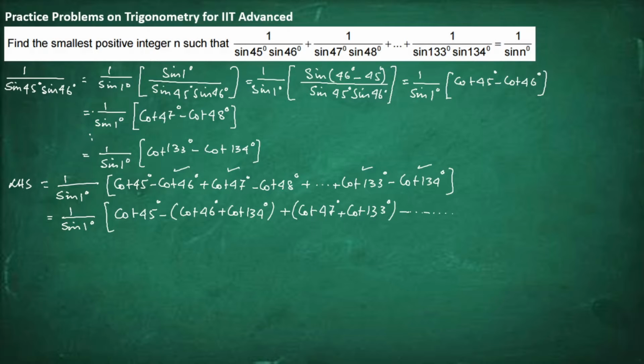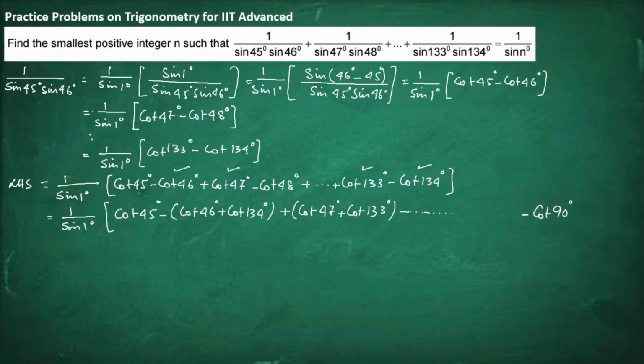If you combine in that way, we are going to get cot 90 degree as our middle term. Yes or no? So it will be minus cot 90 degree. This is the middle term. Just keep this thing aside.